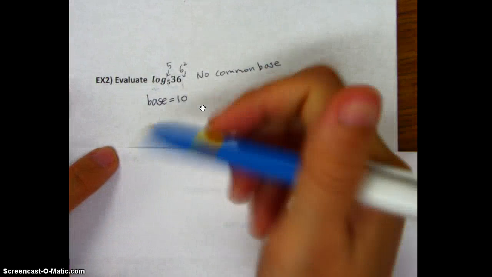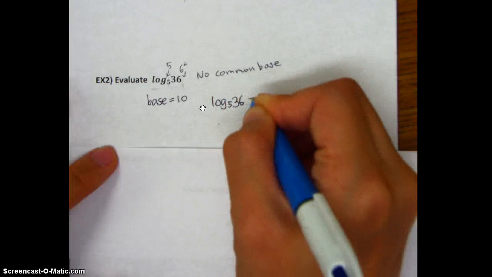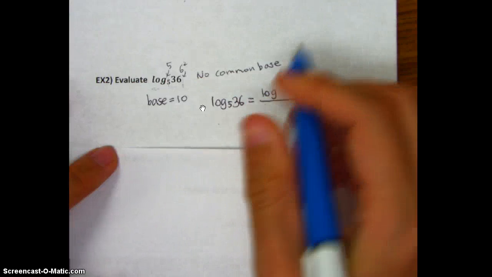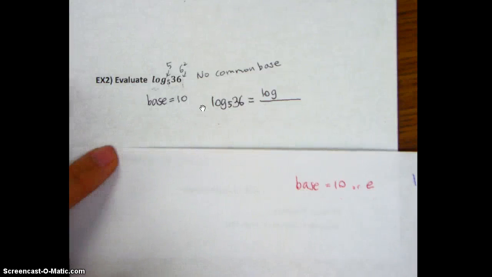So using our formula, I'm just gonna rewrite this. Log base 5 of 36. I have top logarithm and the bottom logarithm. So the new base will be 10 because we have to use a calculator this time.